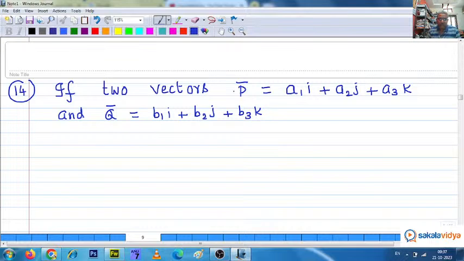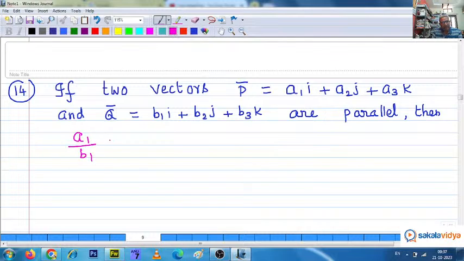So now if two vectors P bar is equal to A1I plus A2J plus A3K and Q bar is equal to B1I plus B2J plus B3K are parallel, my dear students, please remember, then the condition is A1 by B1 is equal to A2 by B2 is equal to A3 by B3.